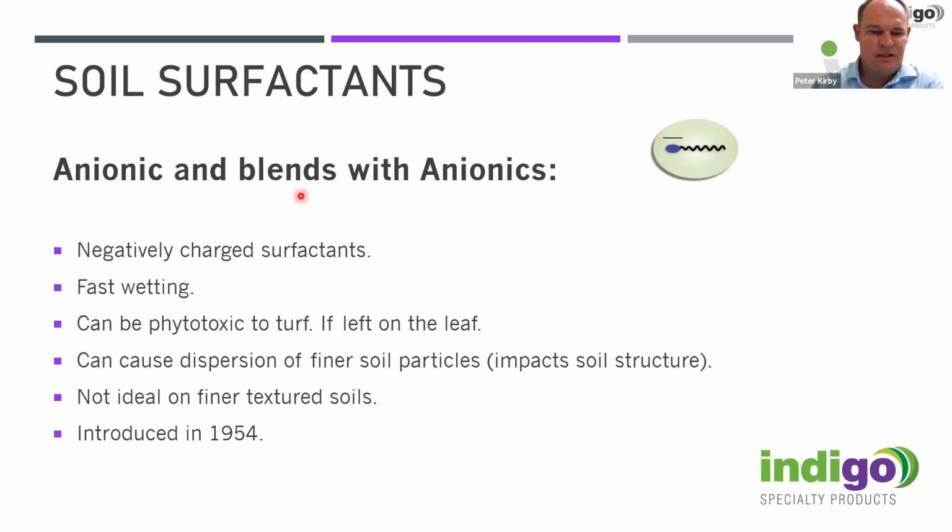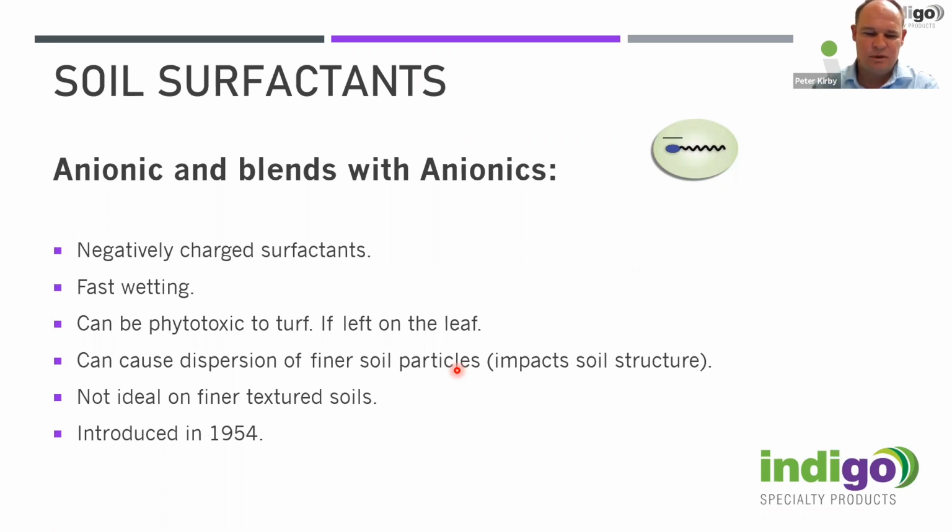So anionic, and blends with anionics, as I said before, are extremely fast wetting. They're negatively charged surfactants. They can be phytotoxic to turf if they're left on the leaf. They can cause dispersion of finer soil particles, which can be extremely beneficial in cooler months of the year where we need to pull water through, but very detrimental in really warm conditions where we're trying to hold moisture, because they effectively work on the clay particles and disrupt them within the soil profile, modifying that environment.